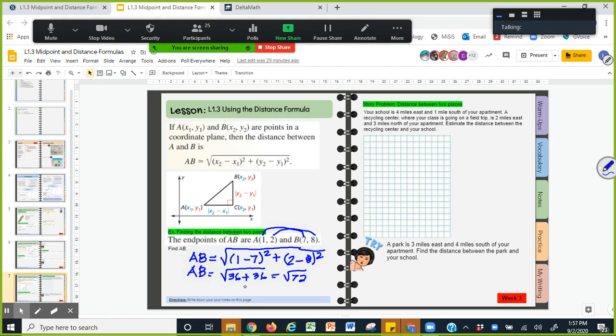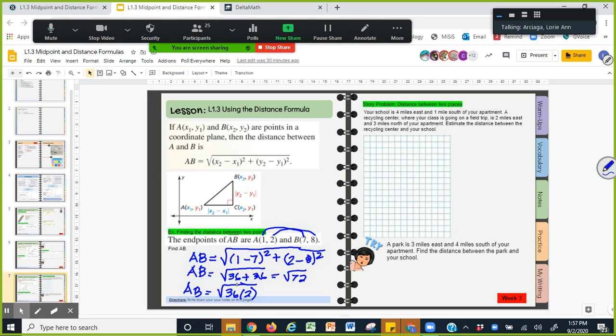However, if it's a double number like this, I would strongly recommend that you don't add them right away. Instead, you write them as 36 times 2. What's the purpose of writing it that way? Because if you have 72 and you're not very familiar with all the perfect squares, you probably will need a calculator to break that down.